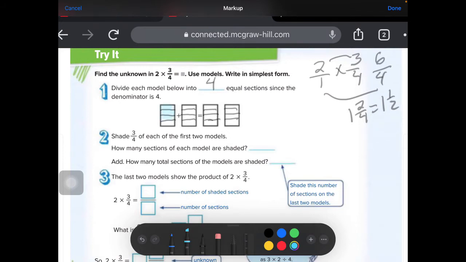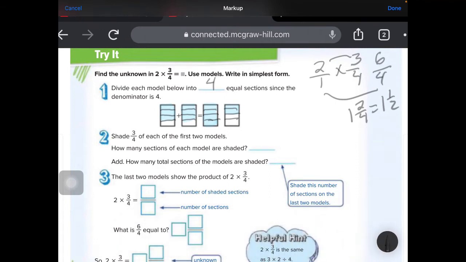And it wants me to do 3/4. So 1, 2, 3. My answer is going to be 1 whole, and then 2 out of 4. Yay!